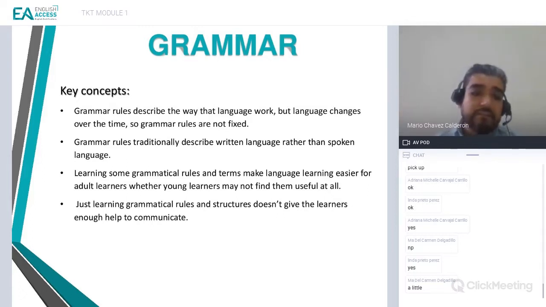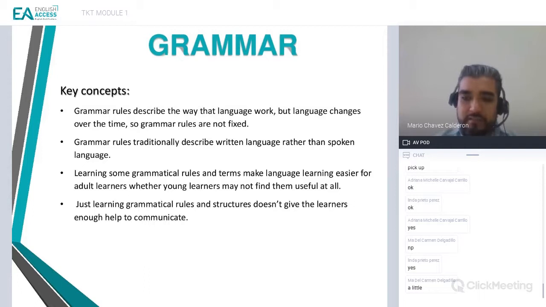Finally, learning some grammatical rules and terms makes language learning easier for adults, whereas young learners might not find them useful at all. I mean, for us adults, we want to know the rules. Children, not. For them it's not important. They just don't care about it.